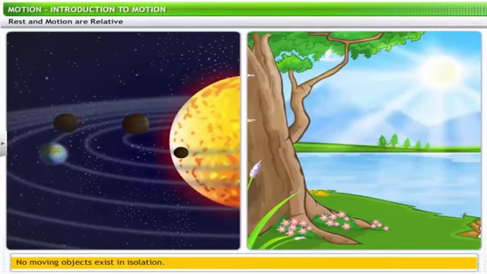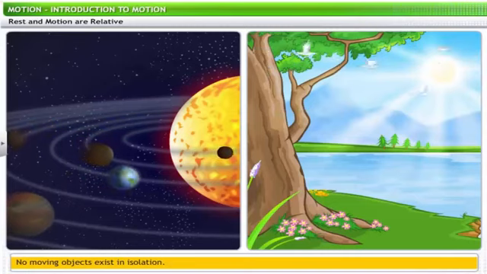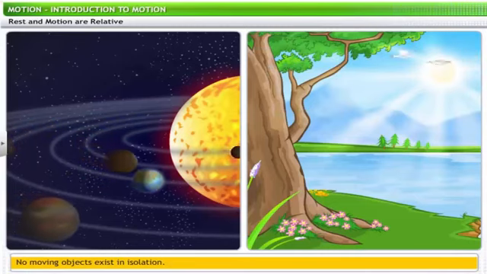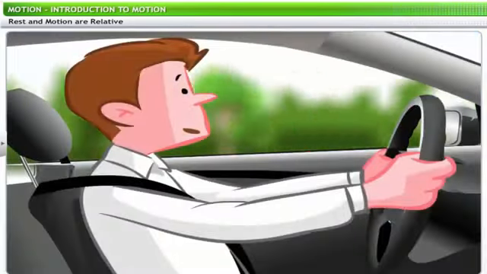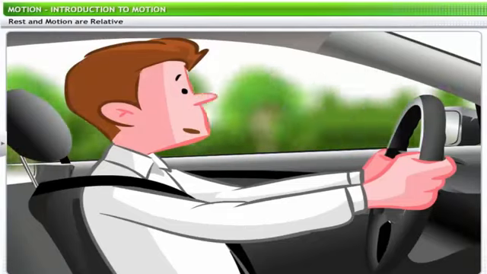None of the moving objects that we have looked at exist in isolation. They may have other moving or stationary objects in their environment. What happens when we compare the state of two or more than two objects? For instance, let us consider the state of a car driver. Is he at rest or in motion?